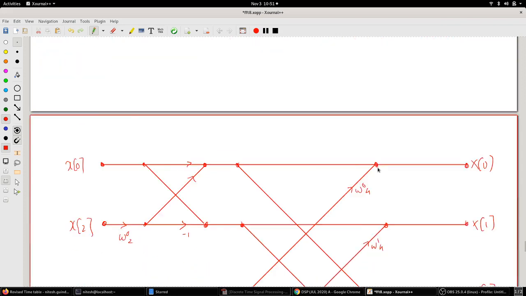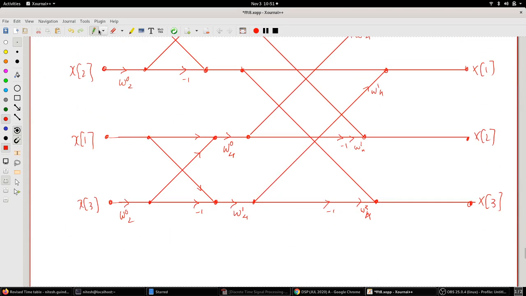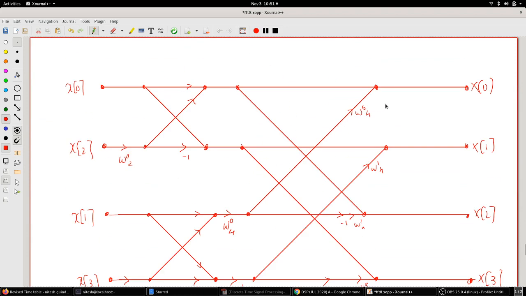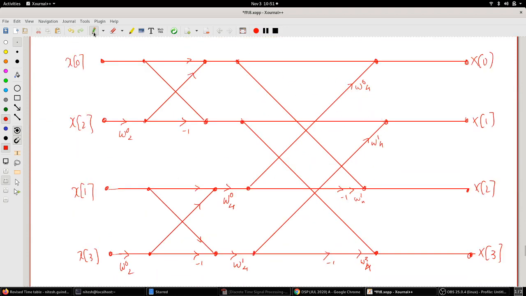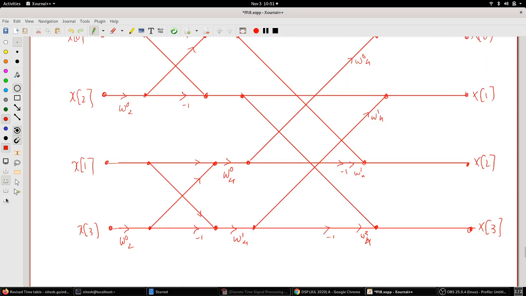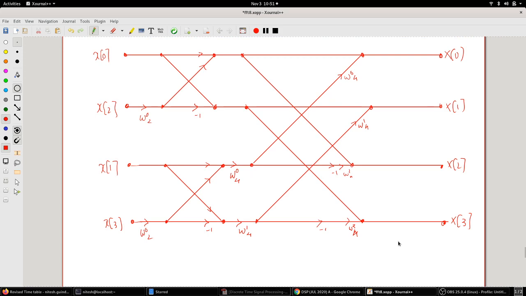So if you draw a circle, this is your W0 of 4, this is your W1 of 4, this is your W2 of 4, and this is your W3 of 4, right?